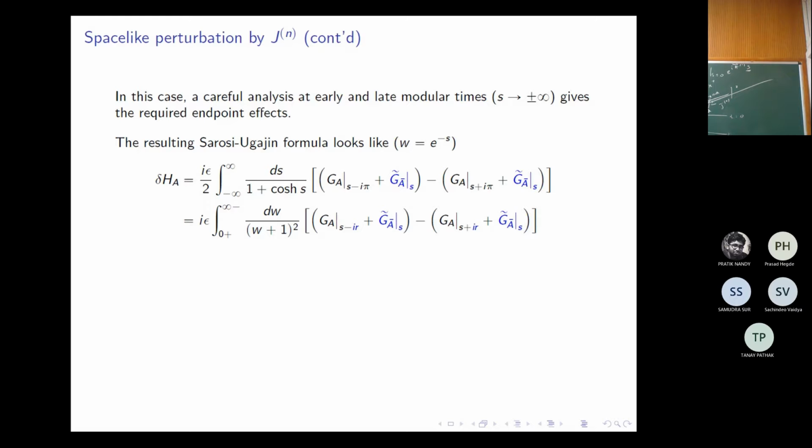However, if you trivially add these pieces here and here, then they have a very nice behavior at S equal to plus minus infinity, which is W equal to 0 and infinity. And this again we take to be the signature of the fact that you cannot really write down the Sarosi-Ugajin formula by completely forgetting about this G A bar tilde part.